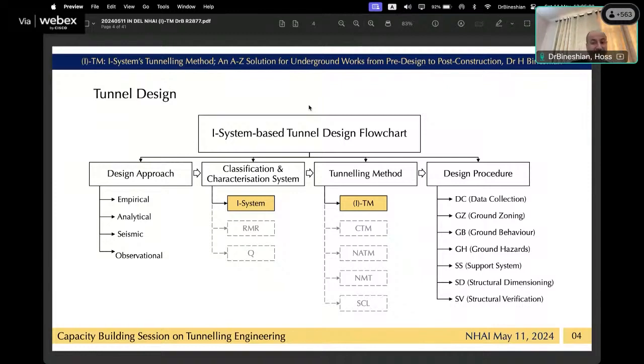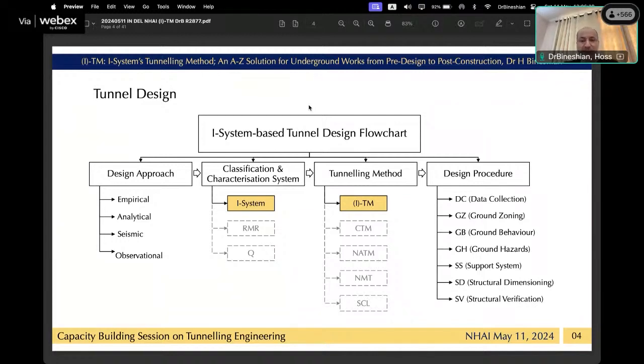For today, I will talk about ITM, but you may select CTM, the conventional tunneling method. You may select NATM, NMT, or SCL as your tunneling method. Now you are ready for design.